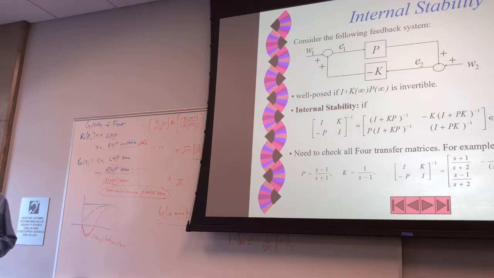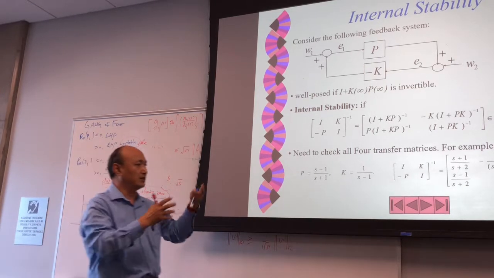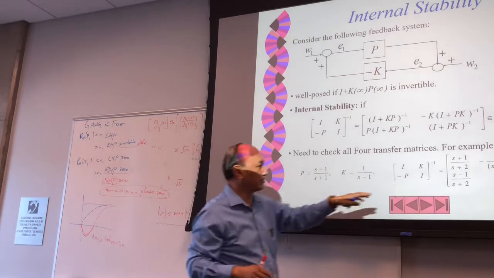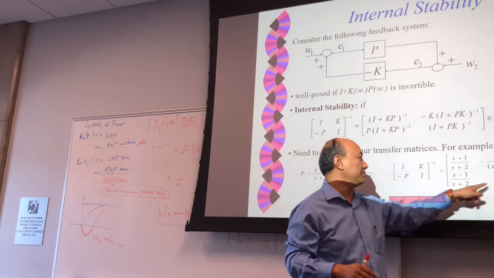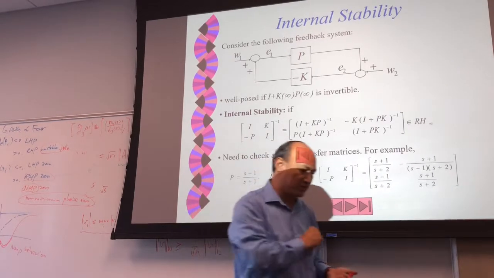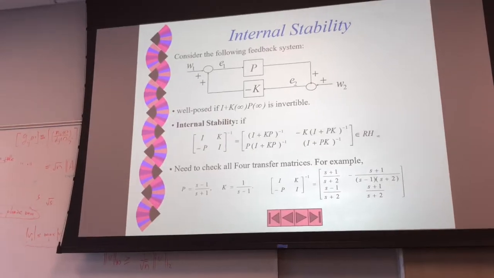The reason we talk about the Gang of 4 is that if you look at the 4 different combinations, this is stable, stable, stable, and there is one that is not stable. So you have to make all of them stable. Okay? All of them stable. So that's intuitively true.